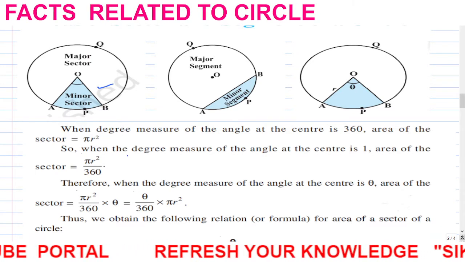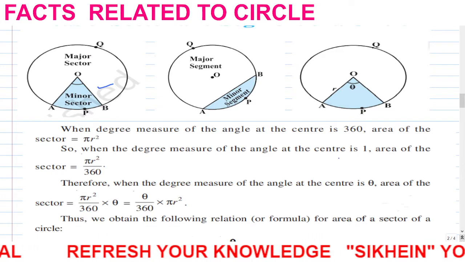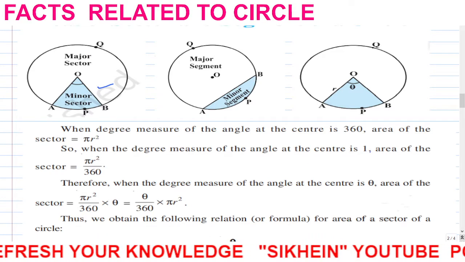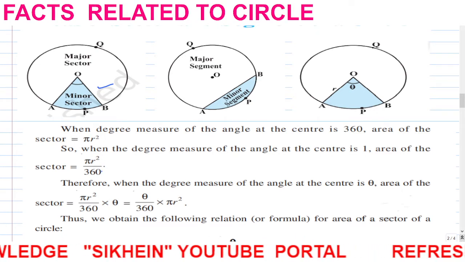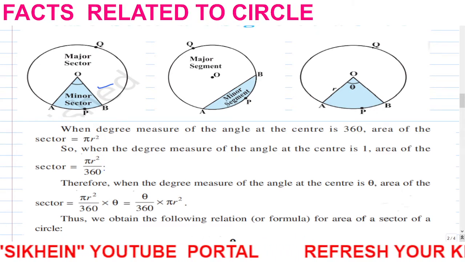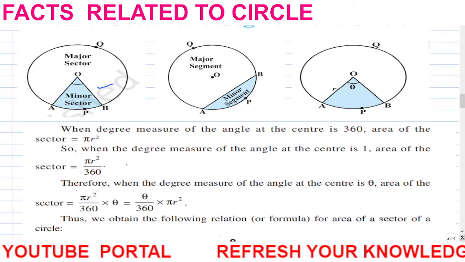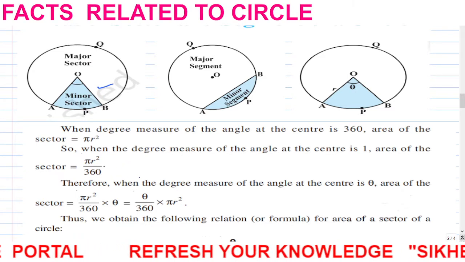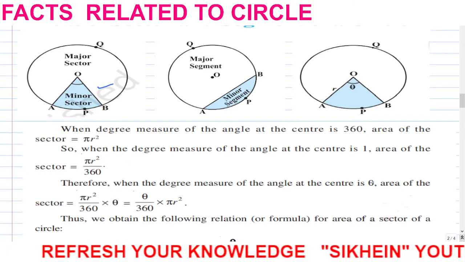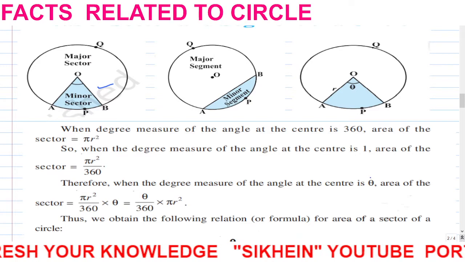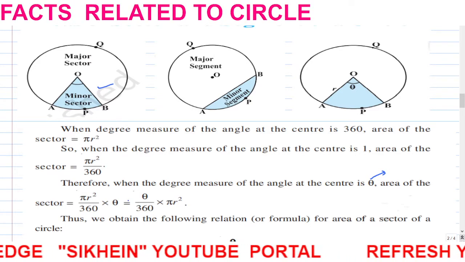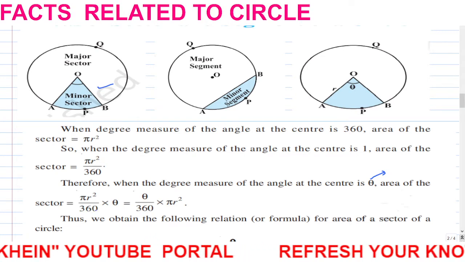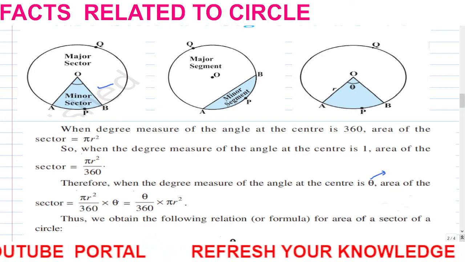So when the degree measure of the angle at the center is 1 degree, the area of the sector is pi r square by 360 degrees. Therefore, when the degree measure of the angle at the center is theta, the area of the sector is pi r square by 360 degrees into theta.